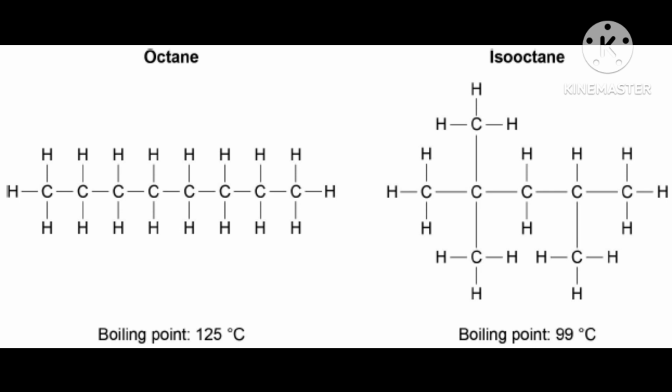For diesel, with carbon number C13 to C17, called light gas oil, the boiling point is 230 to 305 degrees centigrade, very high, more than kerosene, because the number of carbon atoms is more.